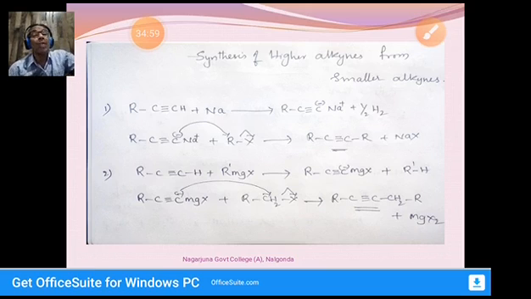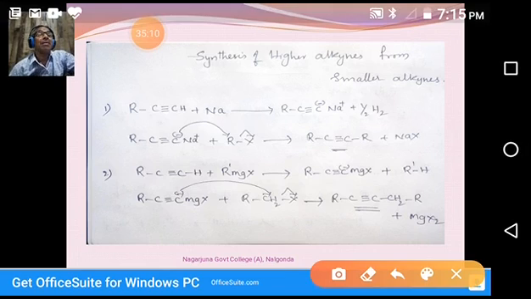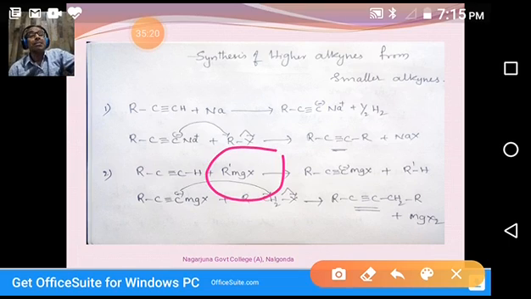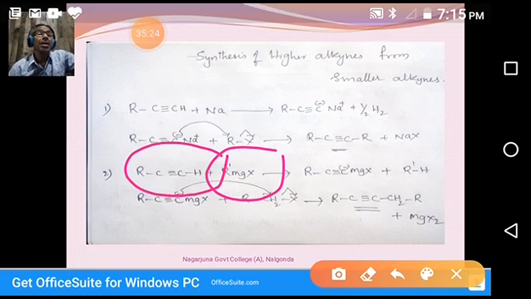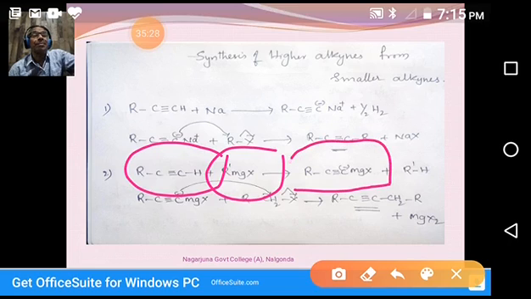We have one more method, converting these alkynes into Grignard reagents. Do you know what a Grignard reagent is? Alkyl magnesium halide is called a Grignard reagent, for example RMgX. Whenever this Grignard reagent reacts with our terminal alkynes, it forms the corresponding Grignard reagent.